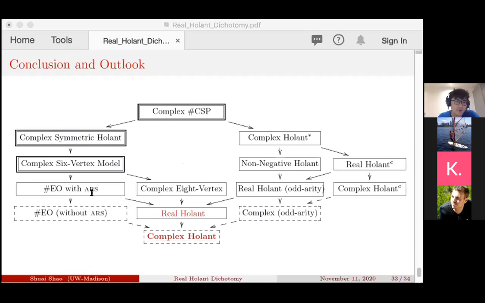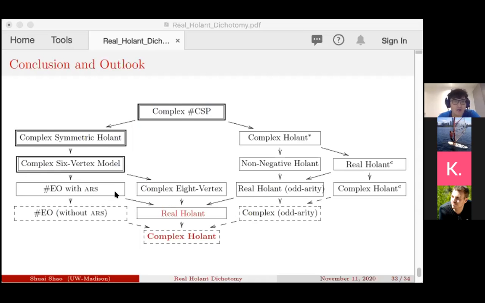The ultimate goal is definitely a dichotomy for complex valued Holant problems. To achieve this result, we think there are at least 2 steps we need to go. First, we need to generalize the dichotomy for real valued Holant problems, where signatures of all arities are available, to the complex valued setting. So here we still assume that signatures of all arities are available.